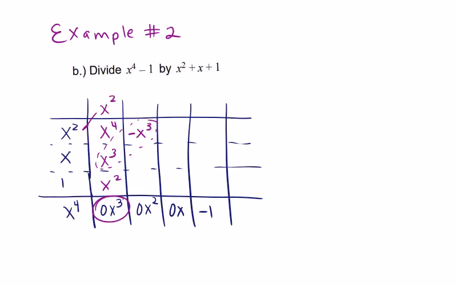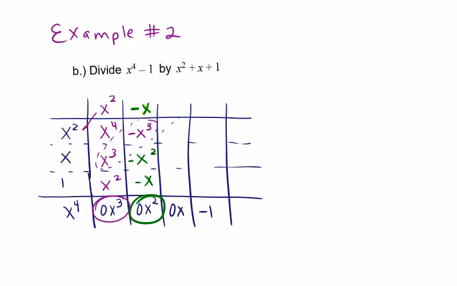So to make that negative x to the third, we multiply this by negative x. I don't like that fluorescent green, so we'll make that a darker green. So negative x. Now that gets us negative x to the third, negative x squared, and then negative x afterwards.